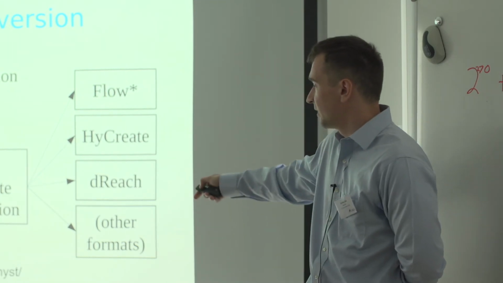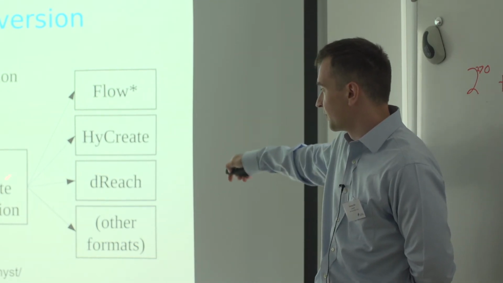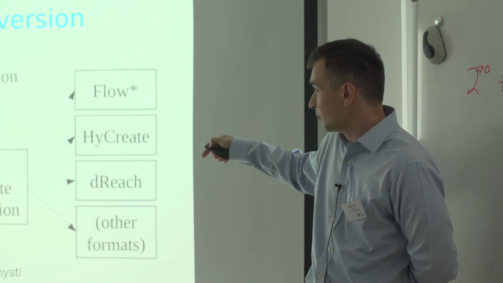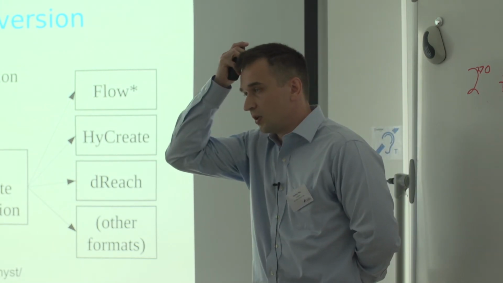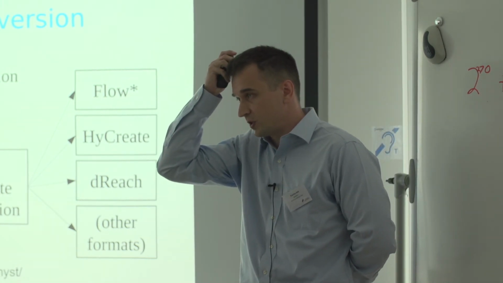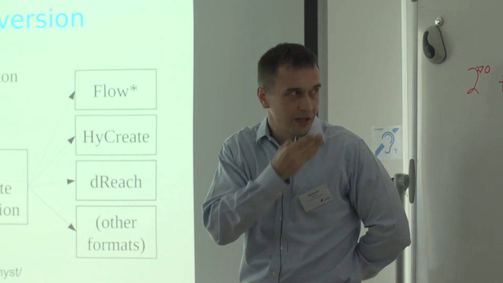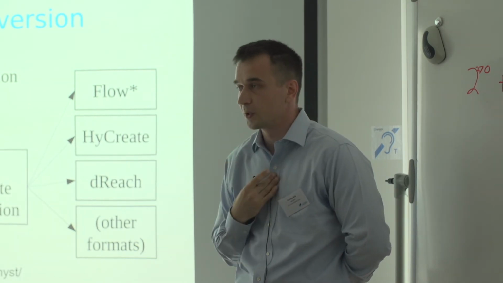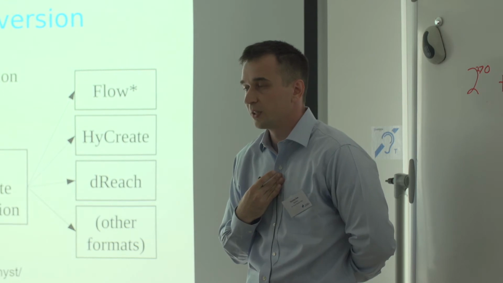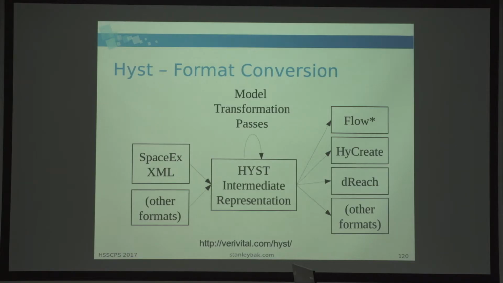There's more advantages to HIST as well. So it's nice for syntactic translation. There's also model transformation passes. So an important one is hybridization. So I described how to do reachability for linear systems and very large ones. But if you have a nonlinear system, this doesn't help you. So you can actually use HIST to do a hybridization transformation.